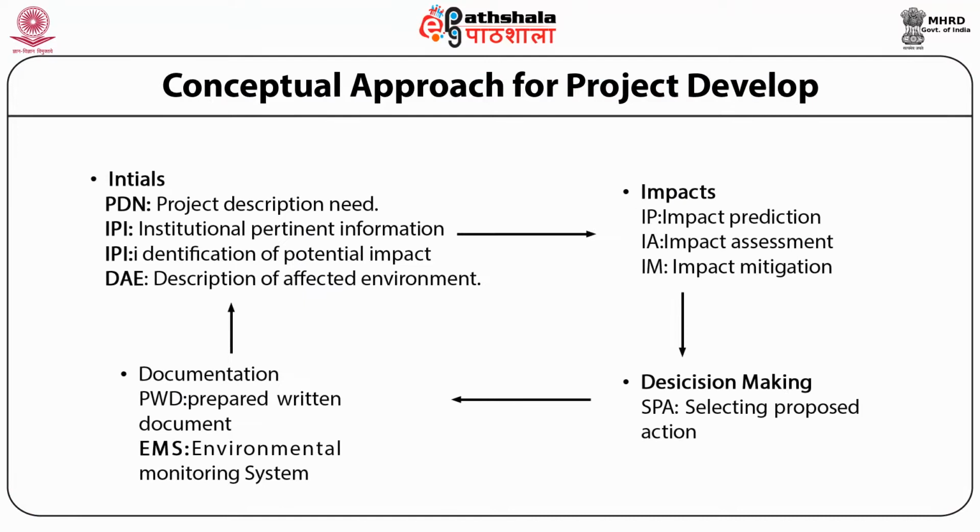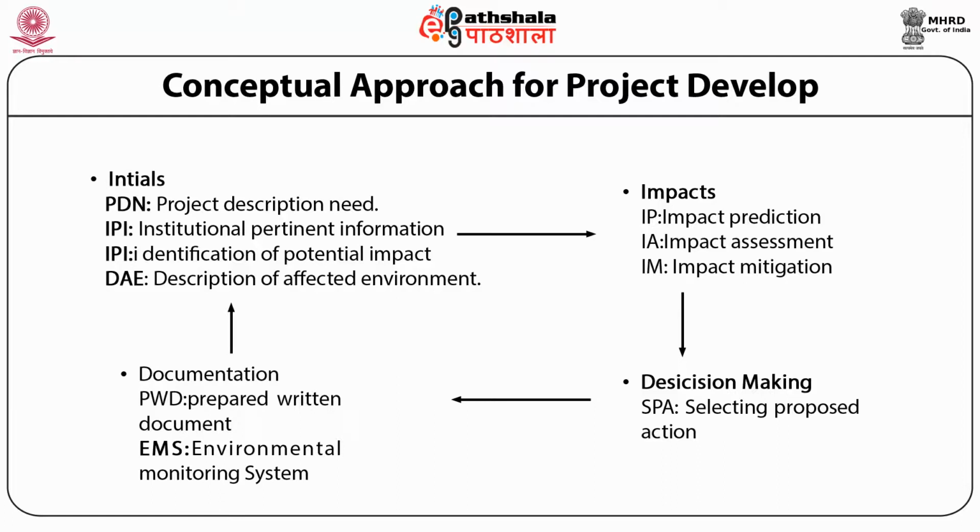This figure shows the conceptual approach for the project development. The first procedure is the PDN, that is, project description need, where what kind of environmental factors are required for the project is described in this section. Then IPI is the institutional pertinent information.